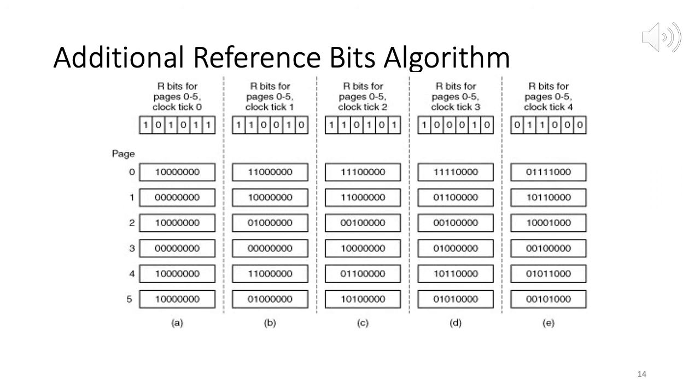I'll leave it as an exercise for you. At point E, we are given the values for all 6 pages. Among these, which one will be evicted? The values are right there. You just have to see which one is the smallest, and then that can be evicted.